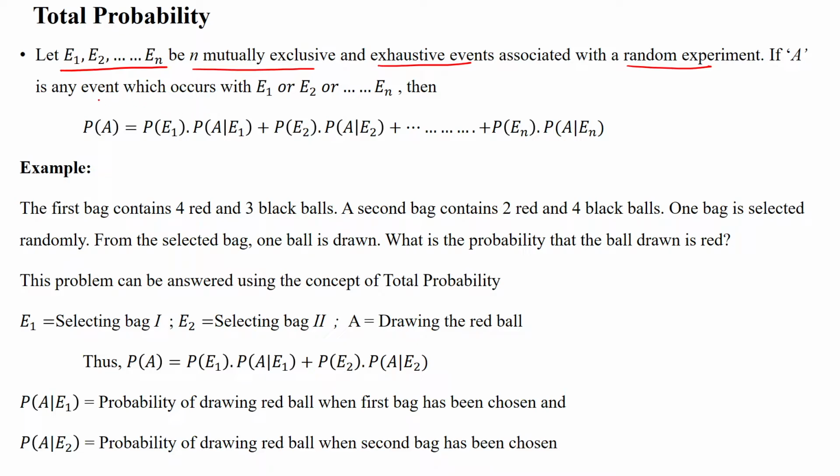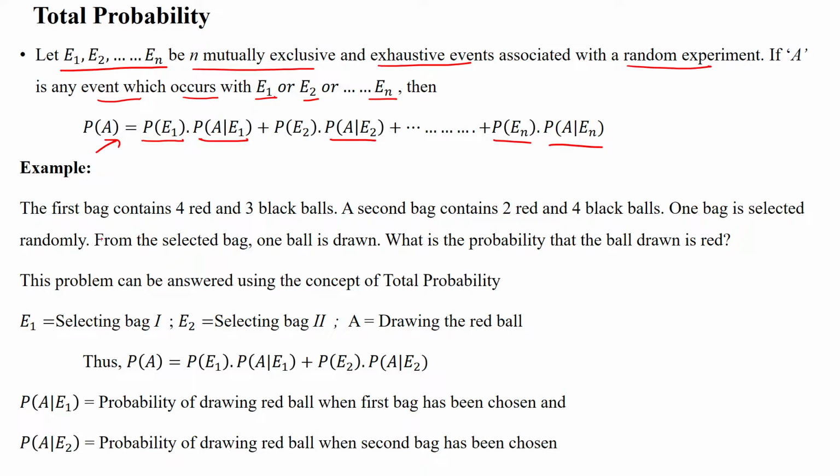If A is any event which occurs with E1 or E2 or En, then the probability of A is probability of E1 multiplied with probability of A given E1, plus probability of E2 multiplied with probability of A given E2, and so on, up to probability of En multiplied with probability of A given En.